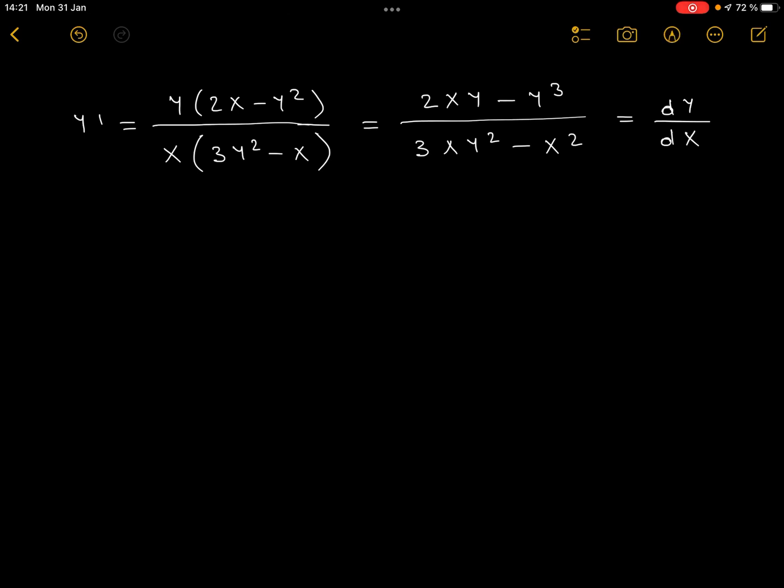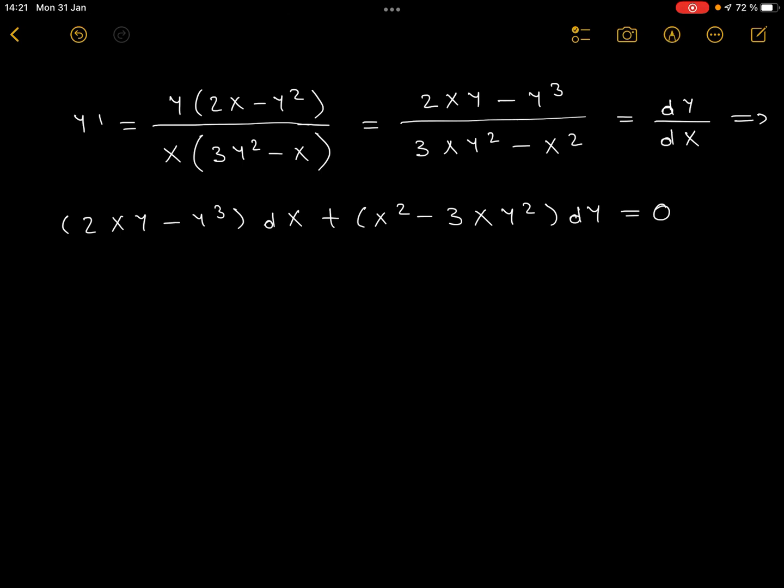So from here we have that (2xy minus y to the third power) dx plus (x squared minus 3xy squared) dy is equal to 0.